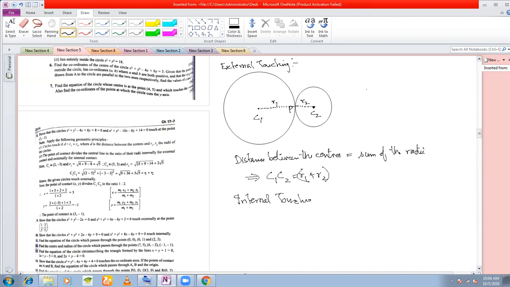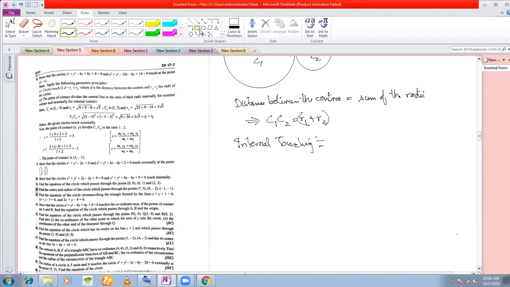When can two circles touch each other internally? If two circles touch each other internally, then they'll look something like this.